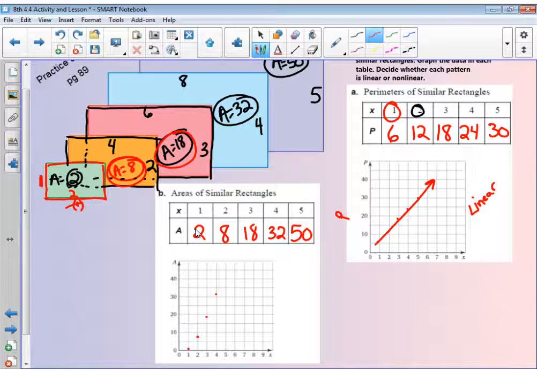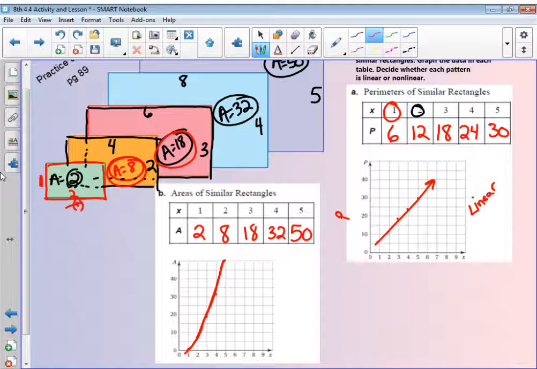So 50 is clear up here. Okay, so now when we look at this one, it looks close to being a straight line, but if we actually were to connect those, you can see that it actually is curving upward. Yours will probably look a little bit better than mine because my smart board is slightly off as I'm graphing these. But this would be what you would call nonlinear.